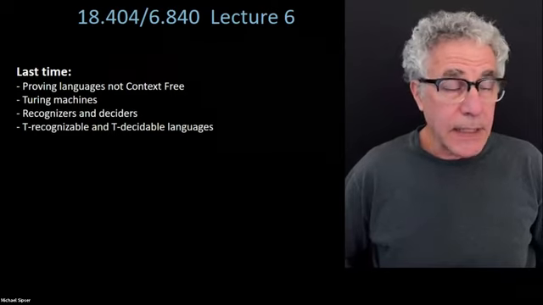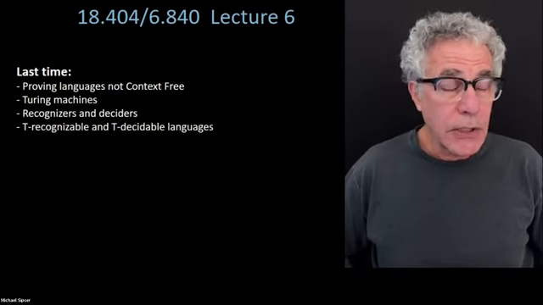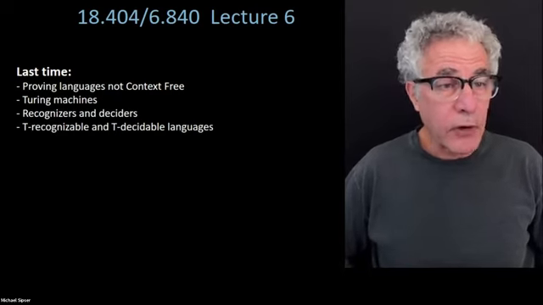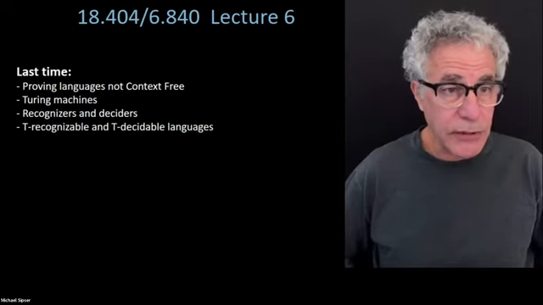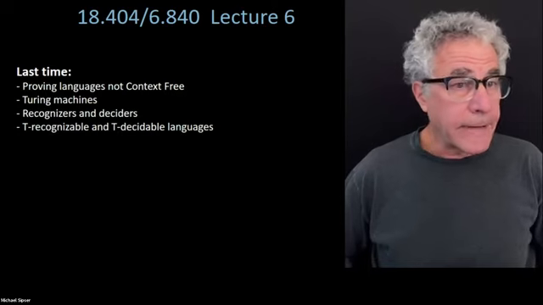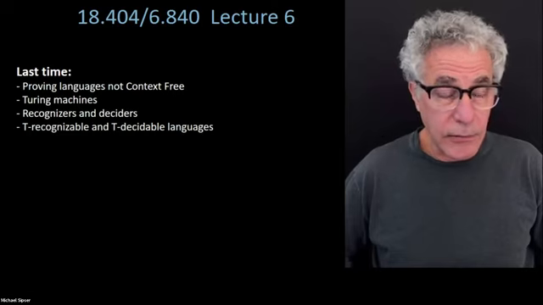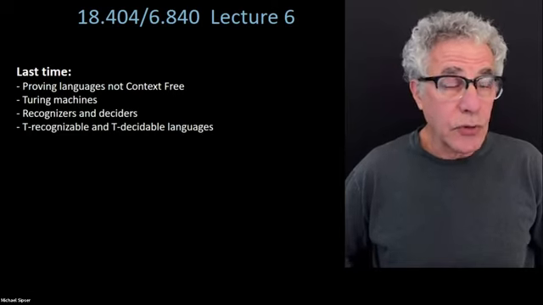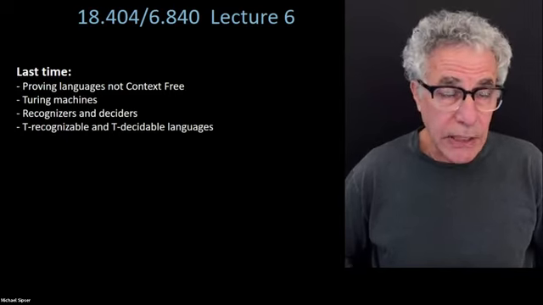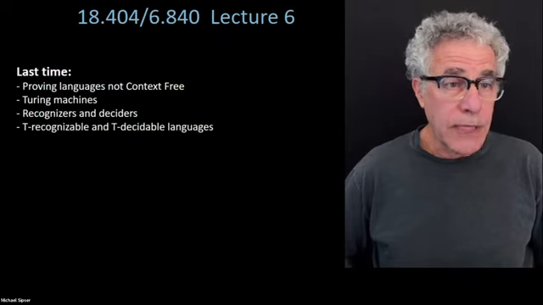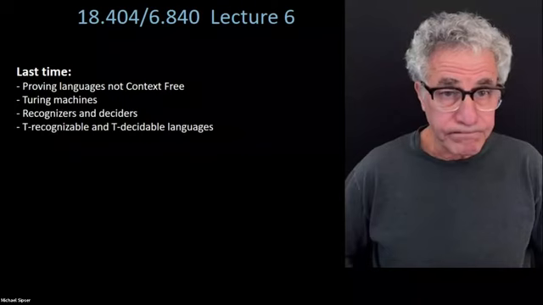And last lecture actually was an important one for us because we shifted gears from our restricted models, finite automata, push-down automata, and their associated generative models, regular expressions, and context-free grammars, to Turing machines, which are going to be the model that we're going to be sticking with for the rest of the semester, because that's going to be our model, as we're going to argue today, for a general purpose computer.